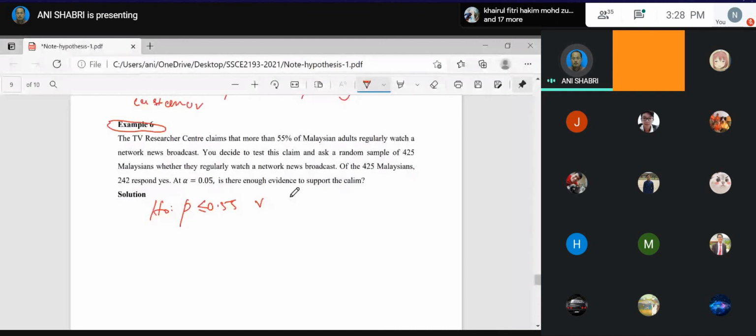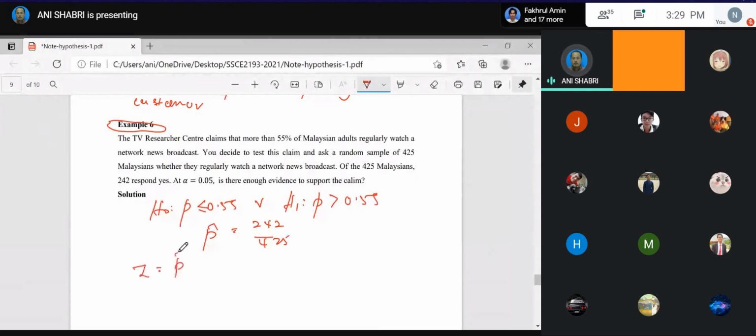Okay, P hat is equal to... after that we calculate Z equal to P hat minus P divided by the square root of PQ divided by N. We get the answer 0.8444.